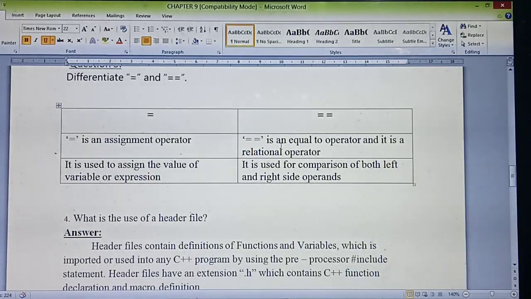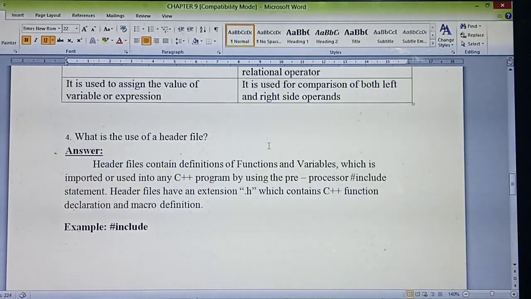Completed? Okay. Then fourth question. Already you have marked it in the textbook, isn't it? Before that you should write these lines, and next you should write what I have marked in the textbook. Understand? First you should write these 4 lines, then you should write the remaining points you have marked in the textbook. What is the use of a header file?